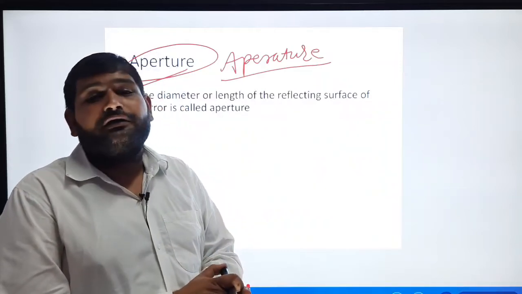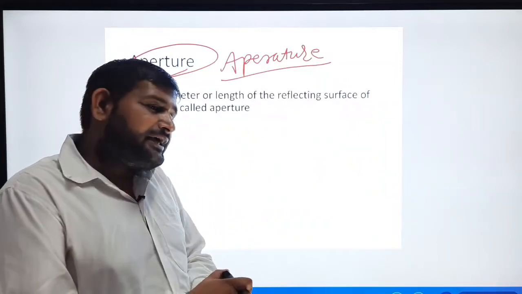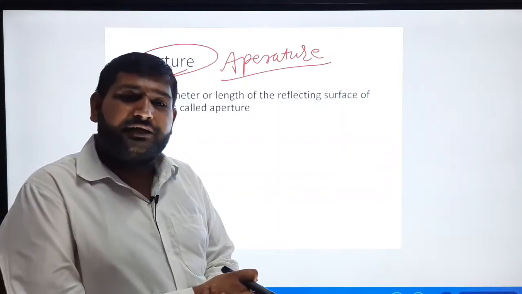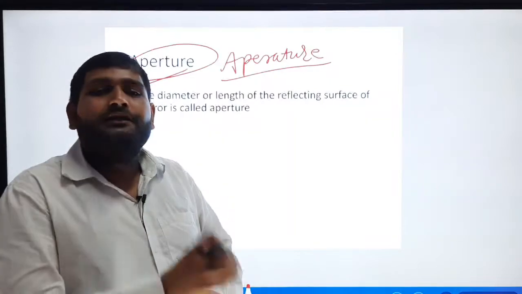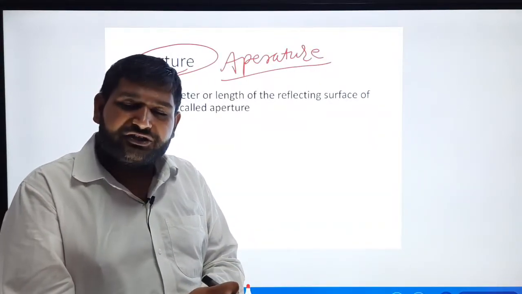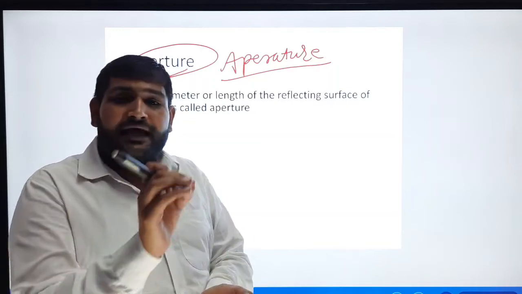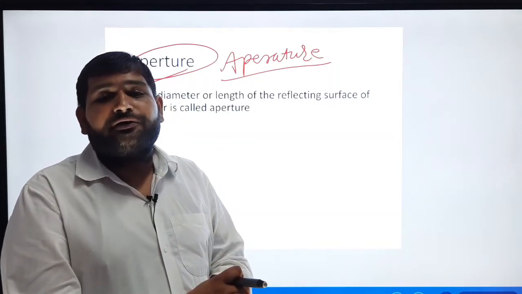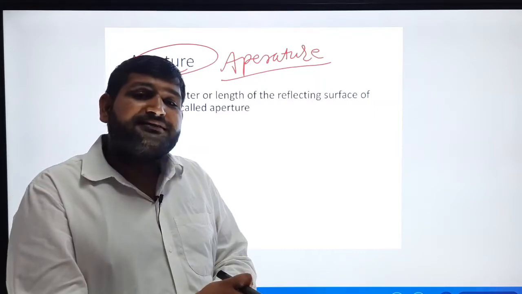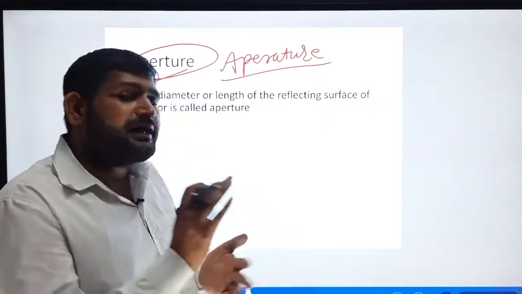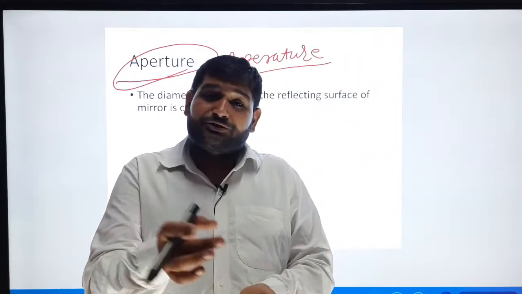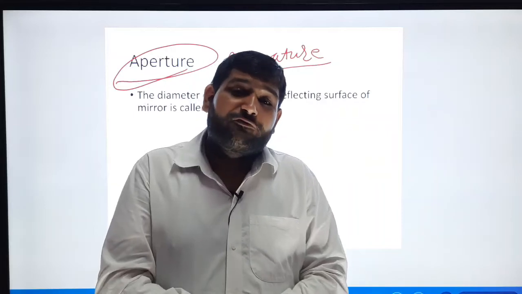Second one is what? Center of curvature. The center of the sphere from which the mirror is carved out is called center of curvature, capital C. The distance between pole and center of curvature is the radius of curvature, capital R. The line joining the pole and the center of curvature is called the principal axis, and the point on the principal axis from which the incoming light rays, which are parallel to the principal axis, would pass or seem to be passing through, is called focus.